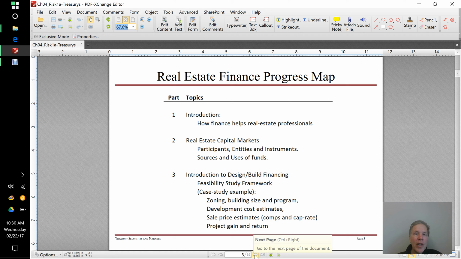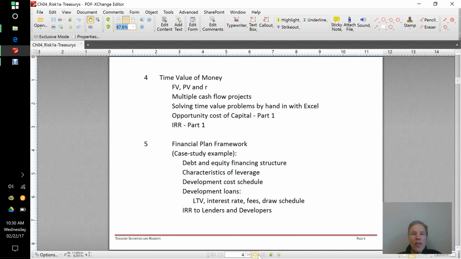of the feasibility study. First step, quick and dirty: is this possibly going to work? And then we realized that to do better, we needed to learn about the time value of money. So we did that: future value, present value, interest rate, discount rate, all that kind of stuff, up to and including internal rate of return, part one.